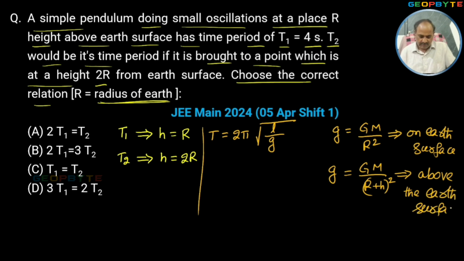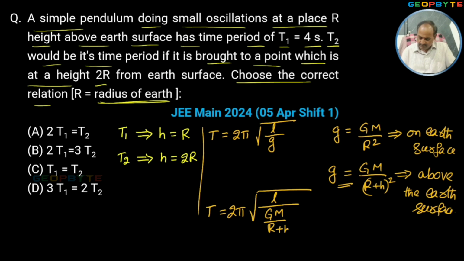Since the simple pendulum is operating above the earth surface, let us take this formula. Then time period t equal to 2 pi into root under L by g, where g is Gm by R plus H whole square.